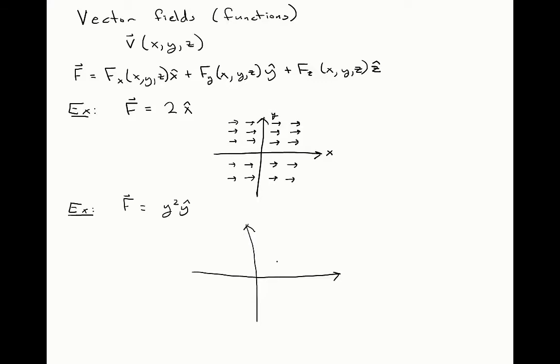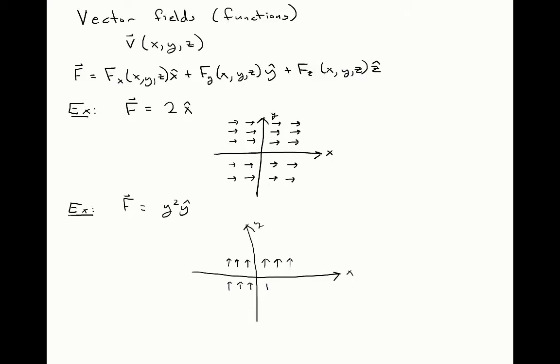When y is 1, it's just y hat. You can plug in the values and think about it. At y equals 0, so along the x-axis, this function is 0, so there are no arrows there. When we get to y equals 1, it's just y hat. Well, y squared is also 1 at y equals minus 1, so it's also going to look like this down here.